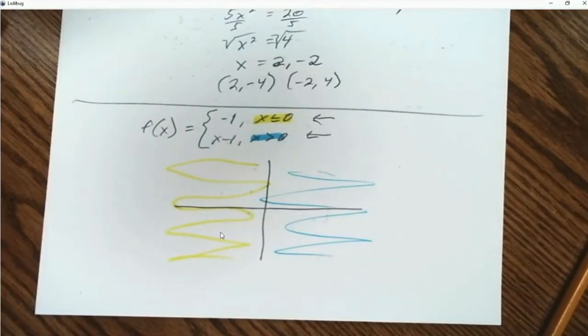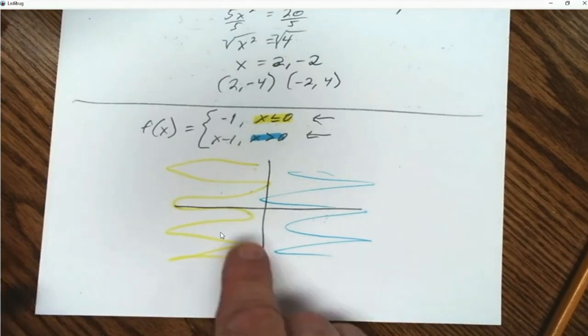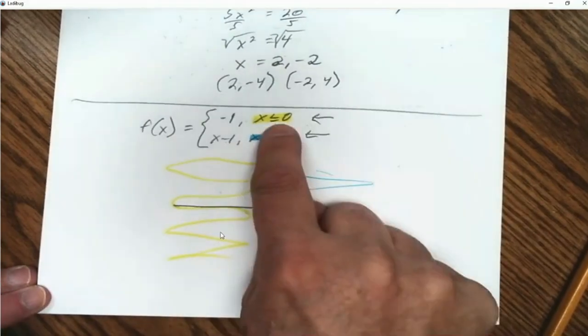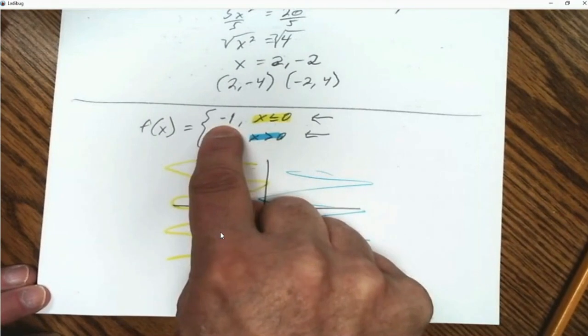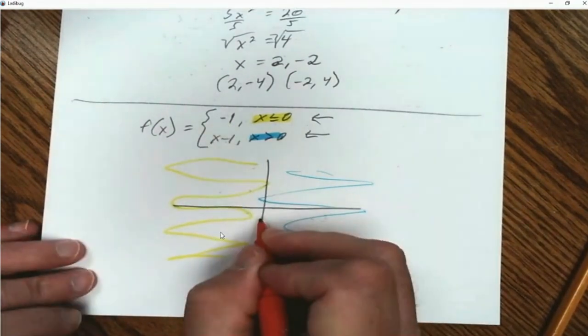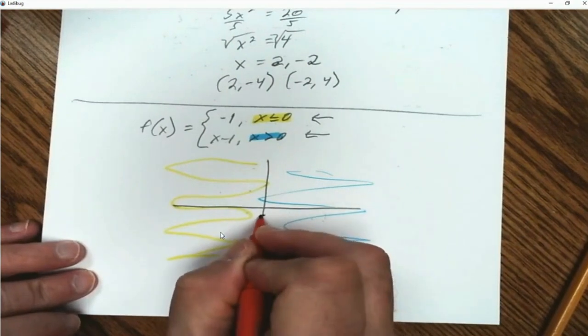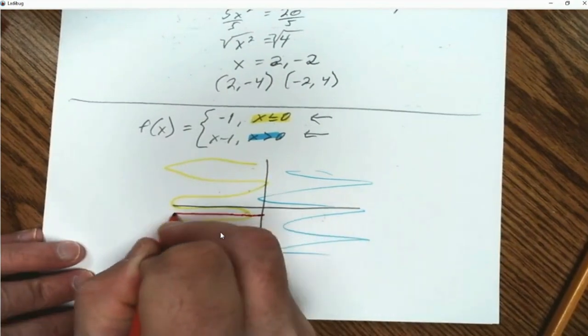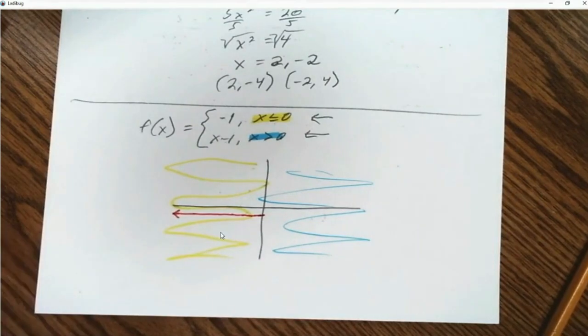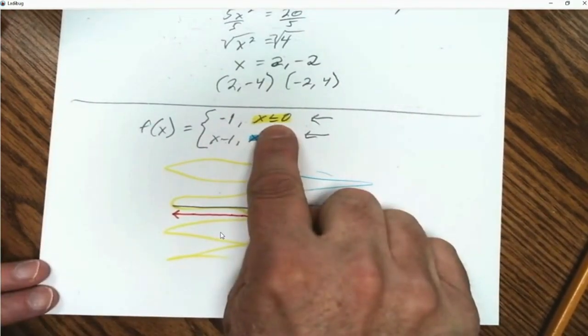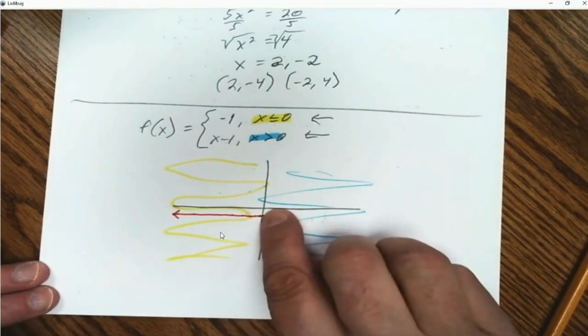Well, let's take a look at that. In the yellow area, when x is less than or equal to 0, the graph equals -1. Always. So our graph just equals -1 forever, anytime it's in the yellow area, all the way up to that line there.